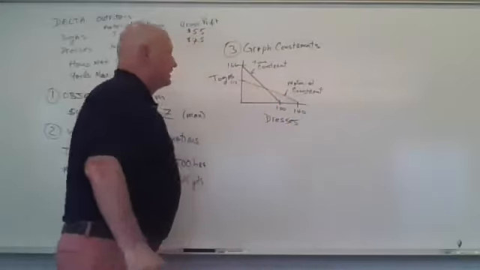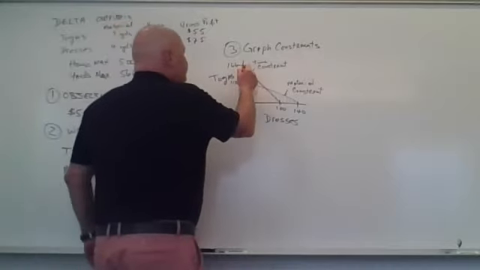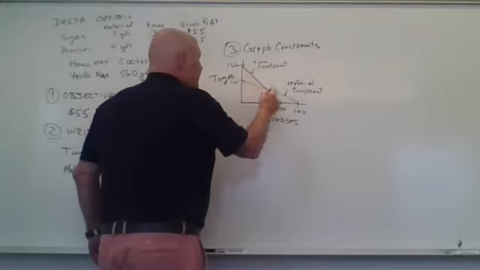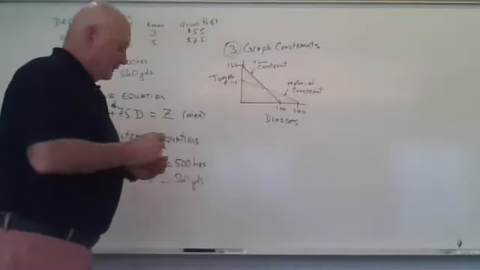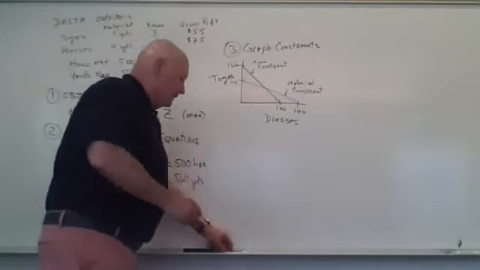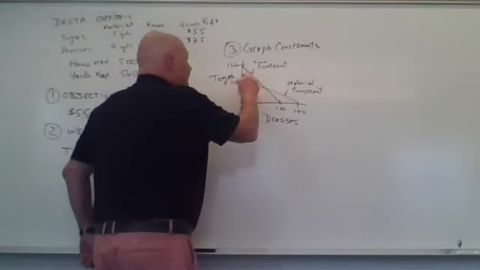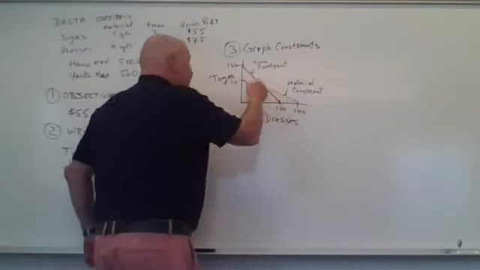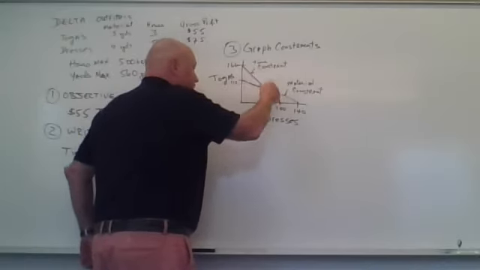This vertically shaded area is okay for material. This horizontally shaded area is okay for time. The cross-hatched area is the points for which we're okay for material and for time.